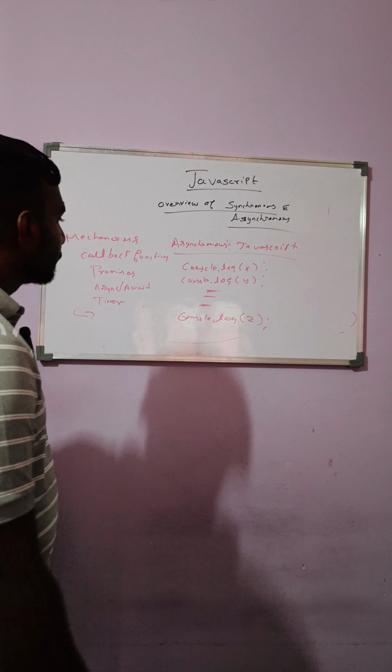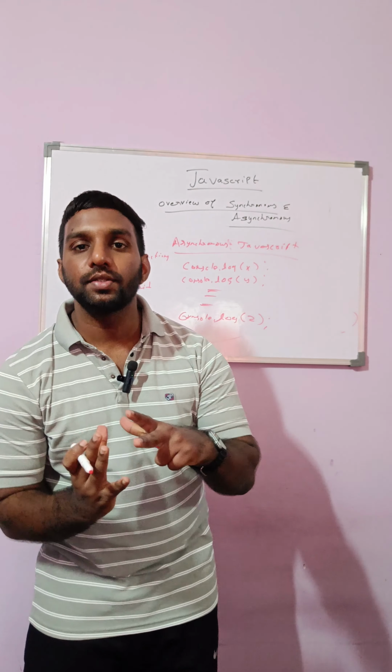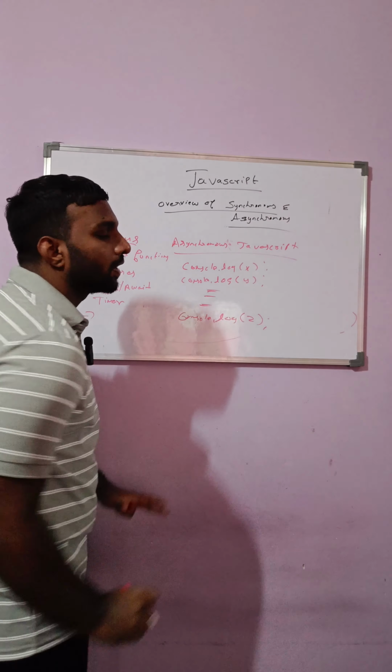These are the major ones. I will explain all those mechanisms in detail later, this is just an overview. So by using these mechanisms, we are going to make this JavaScript code asynchronous JavaScript.